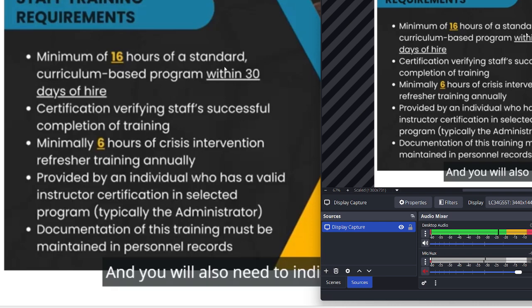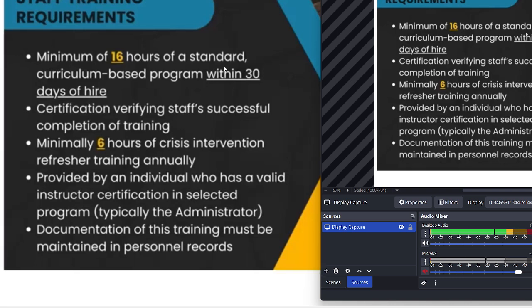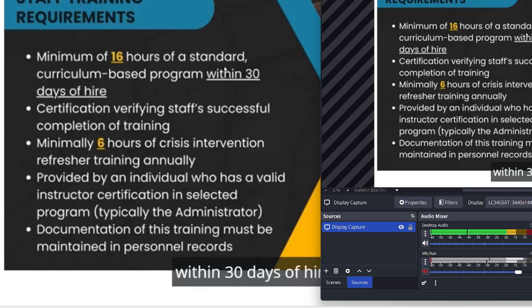And you will also need to indicate in your emergency intervention plan the staff training requirements, which must include a minimum of 16 hours of a standard curriculum-based program within 30 days of hire.